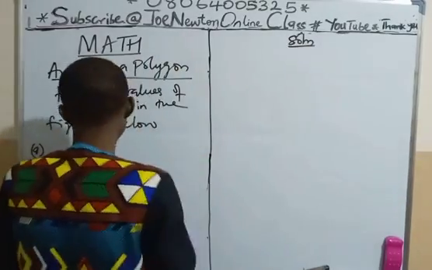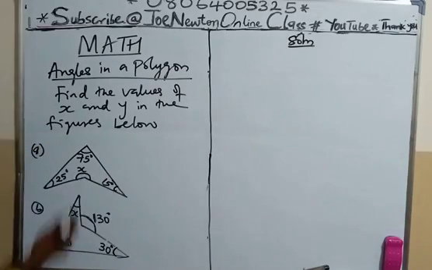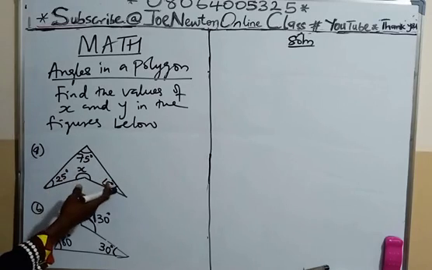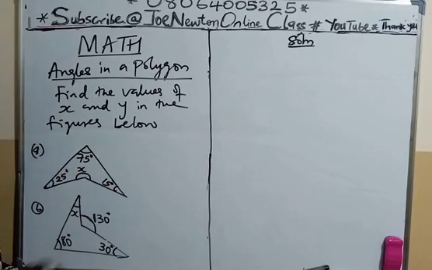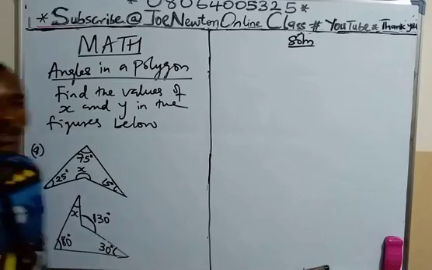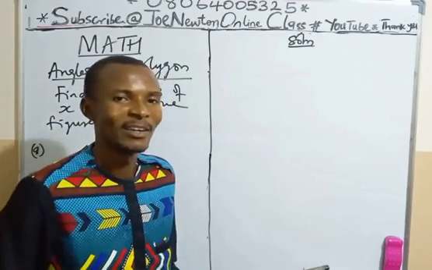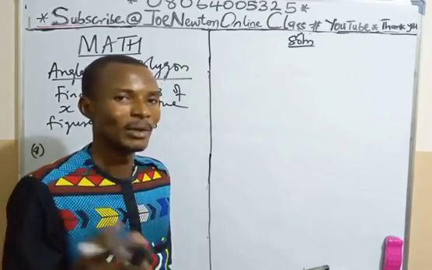Now, for number 1 from the diagram, we are given 75, 25, 15 degrees and x. So x is the unknown angle among the interior angles. We should recall that the sum of interior angles of a quadrilateral is 360 degrees.